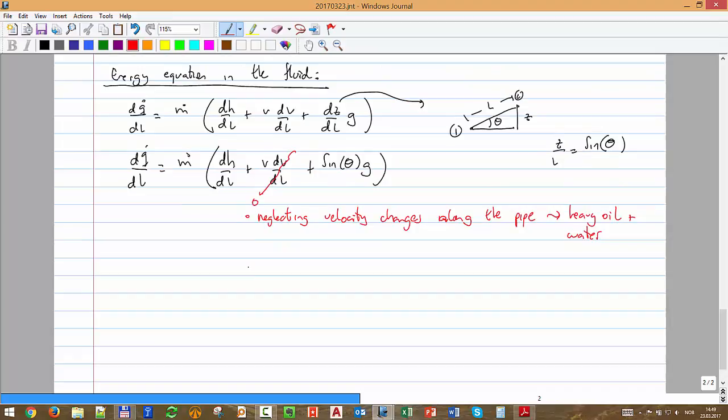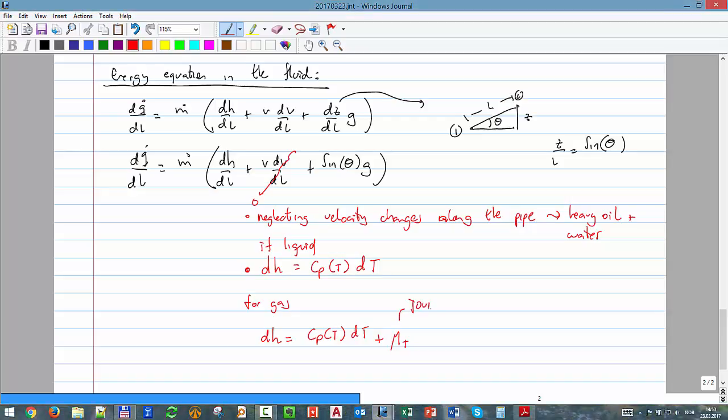Also, if you remember your thermodynamics, for a liquid dH is Cp, which is a function of temperature, times dT, the specific heat at constant pressure. For gas, dH is equal to Cp dT plus something called the Joule-Thomson coefficient times dP.